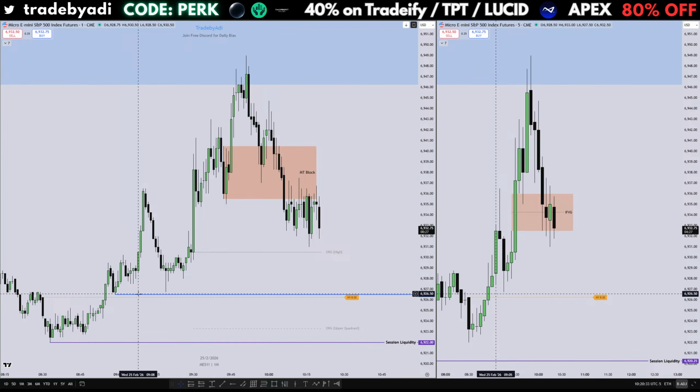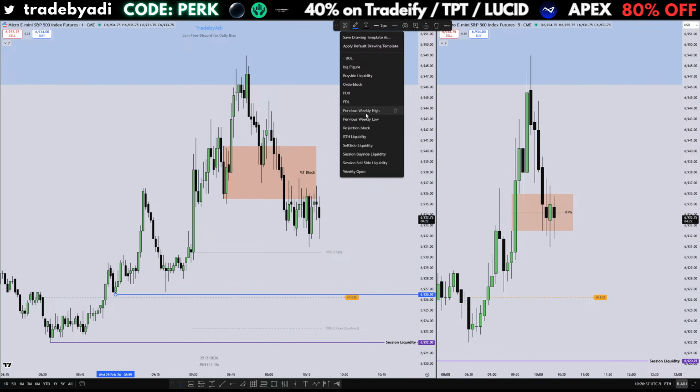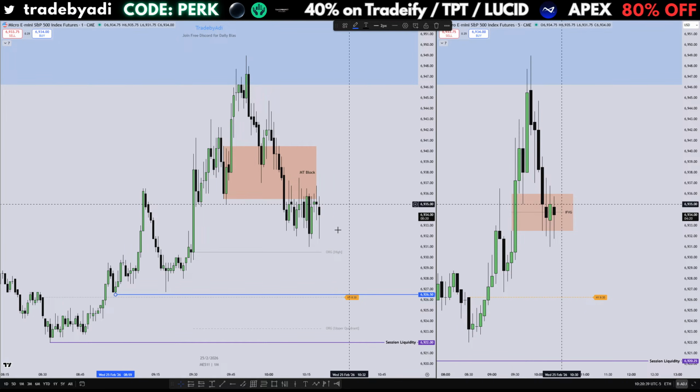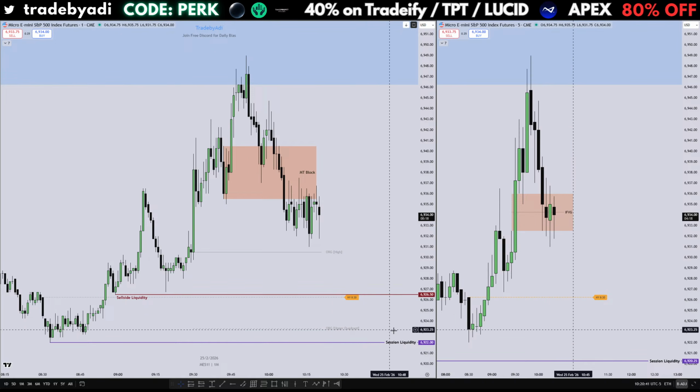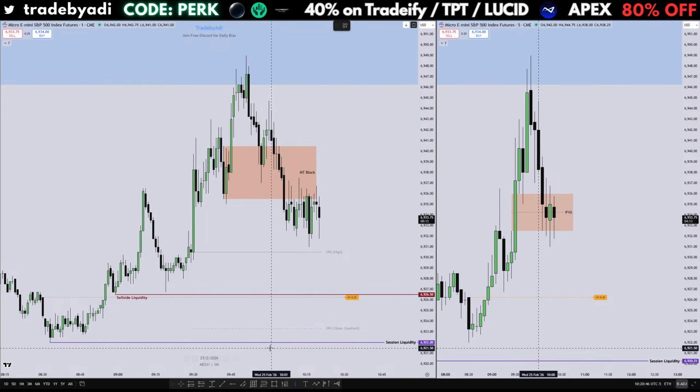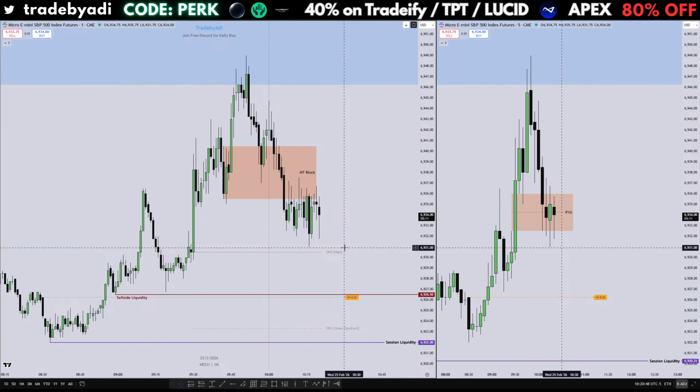This equal lows I'm looking for. Let's see. Sell side liquidity. And this is the AM session low and the 10 o'clock price action.